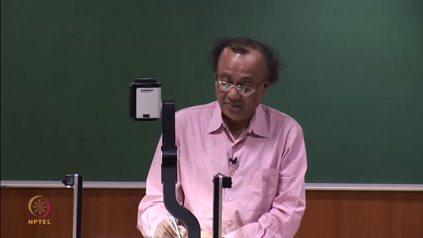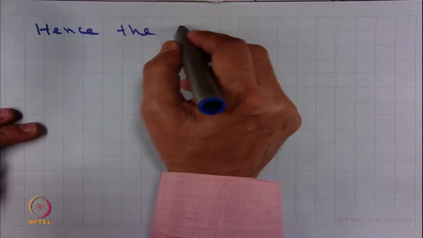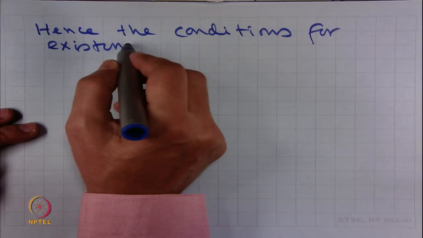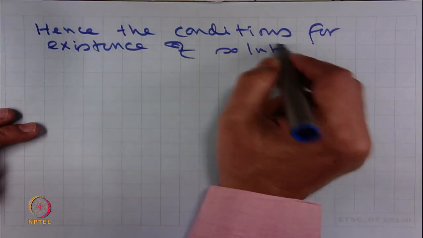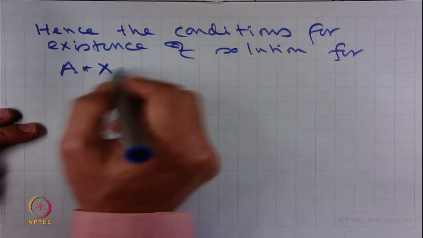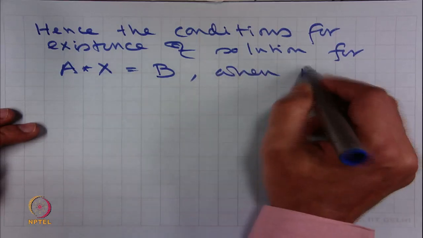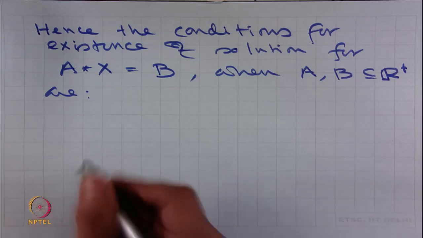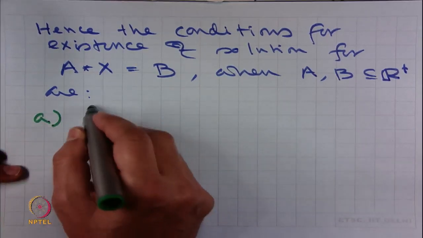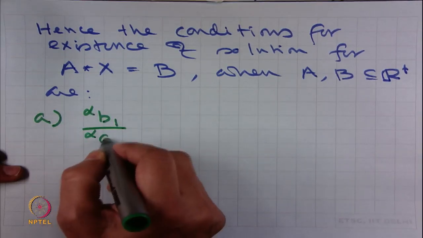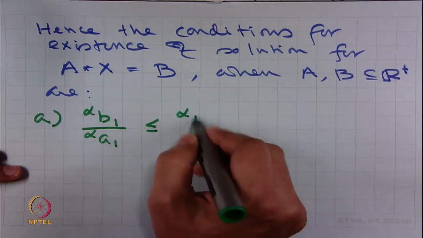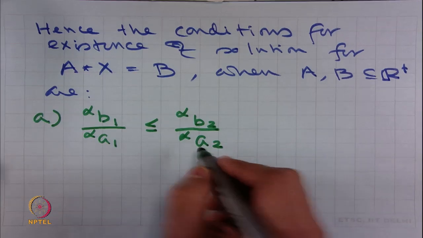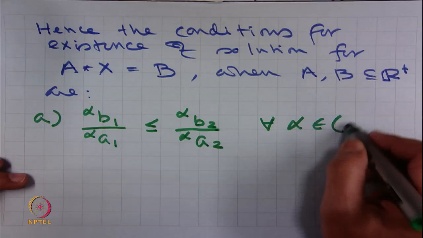Hence, the conditions for existence of a solution for A star x is equal to B when A comma B belong to R plus are: alpha cut of B1 upon alpha cut of A1 is less than or equal to alpha cut of B2 upon alpha cut of A2 for all alpha belonging to 0, 1.